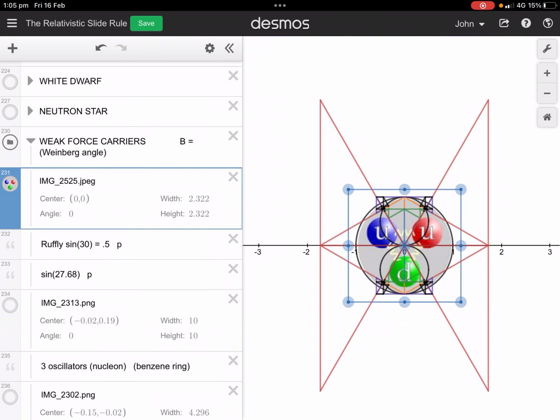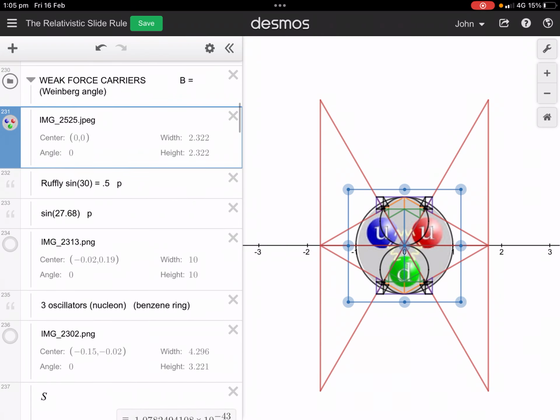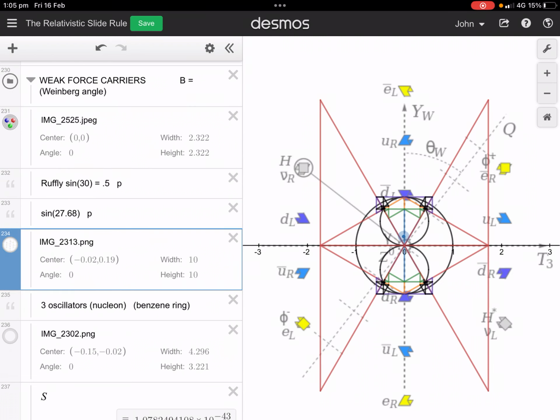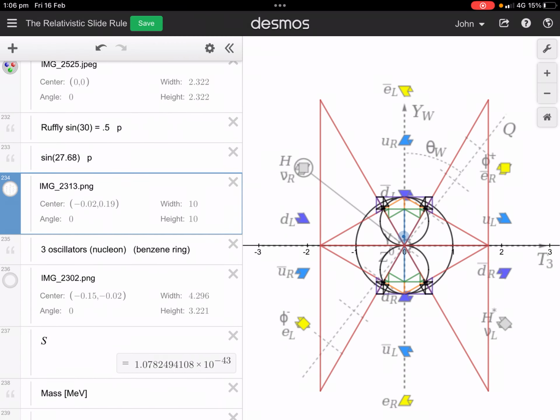There we are with a proton, 2 up quarks and 1 down. This is usually the model. You can see the Weinberg angle, and you can see the beta decays, positrons and so on, neutrinos, and so on.